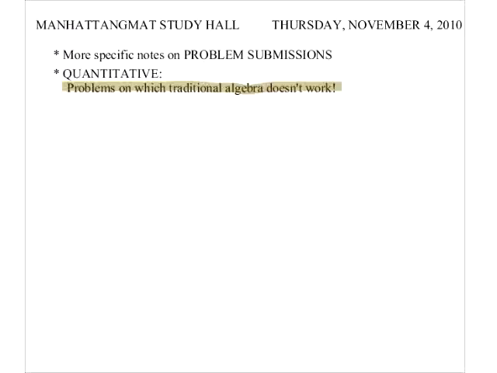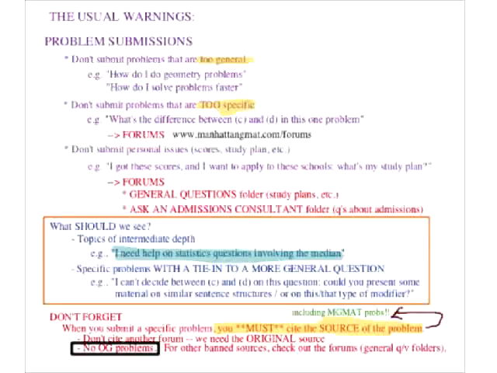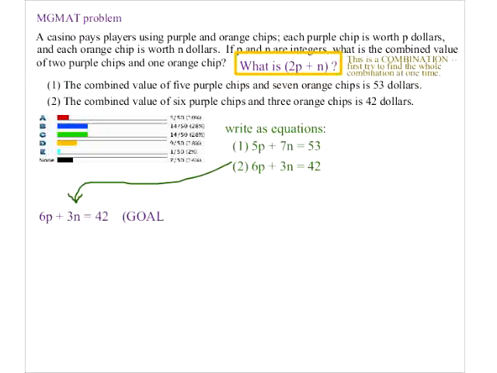The goal is to get 2p plus n. So does anybody know what we can do to get to that goal from the given statement? If you do, go ahead and type in the text box. You can divide both sides by 3. So let's do that.